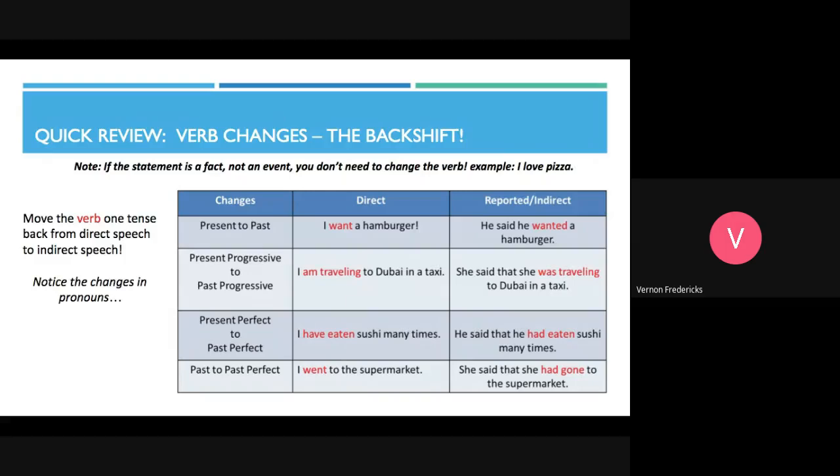Next change, present perfect to past perfect. I have eaten sushi many times. He said that he had eaten sushi many times.